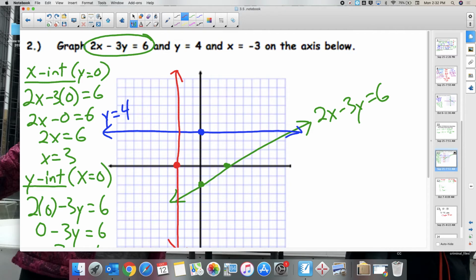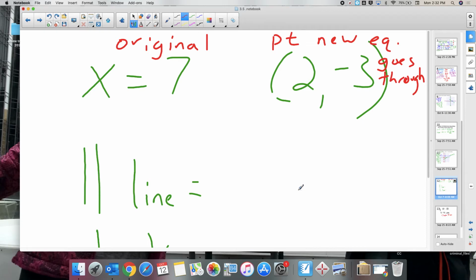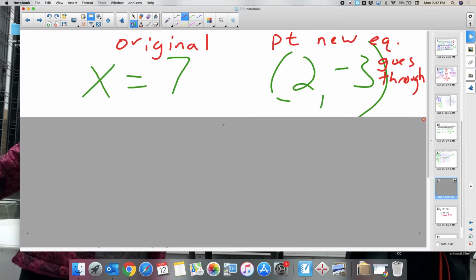Now, I do have one other thing I want to make sure to go over with you. Taking a look at what I have here. If I give you the equation x equals 7, and I want you to create a parallel line for that and a perpendicular line for that, and I tell you it goes through the point 2 comma negative 3.